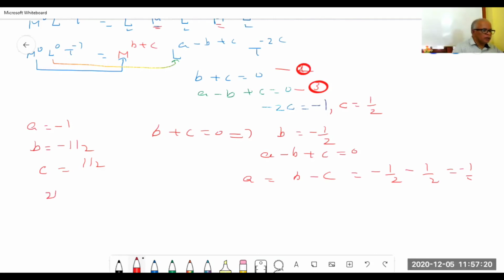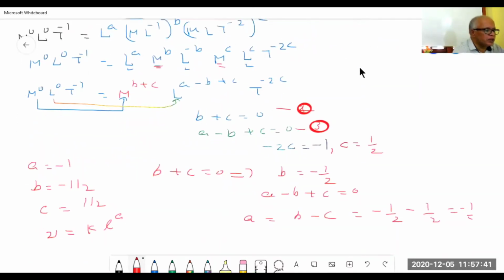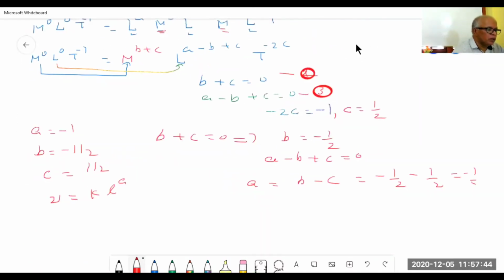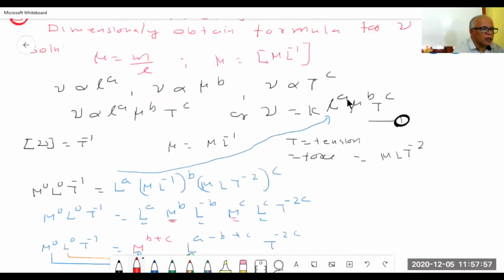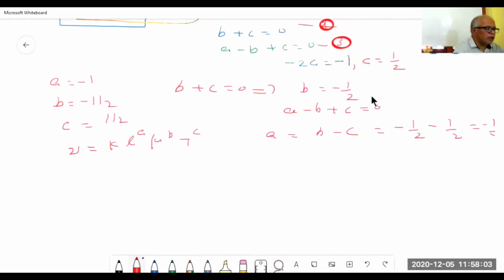Remember this equation: nu is equal to K into L raised to A, mu raised to B, T raised to C. I hope it's the same way I wrote it. The way you write the equation may change, but it is the same one. So plug in the values there.